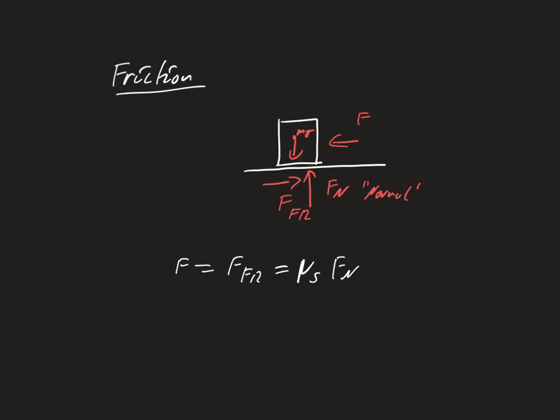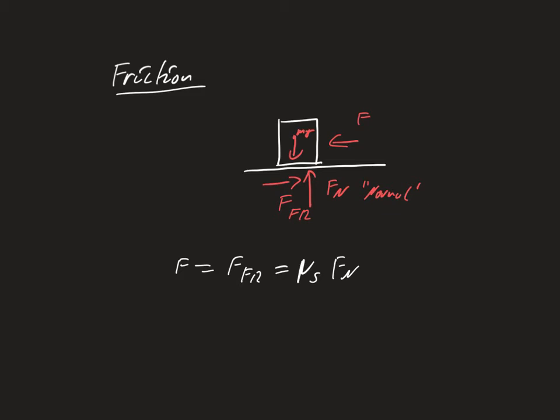It is not important how big the contact surface area is. It's only important what the weight is, so in this case our reaction force, mg, which is in this case Fn, and what the friction coefficient mu s is, which always depends on the materials that we use.